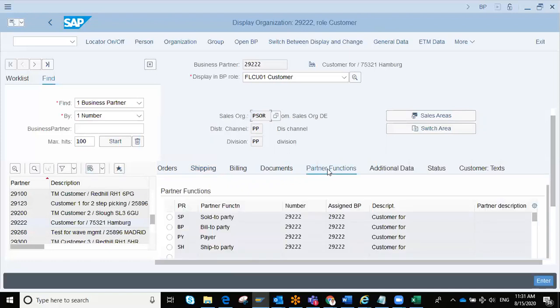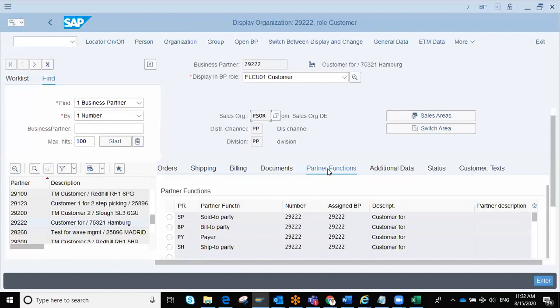We have got partner function. So a customer can be represented in 4 partner functions. A customer can be a sold to party, bill to party, paid to party, and ship to party. So all these functions of a particular customer in a single umbrella is called partner function.